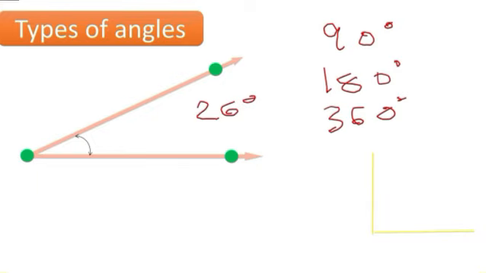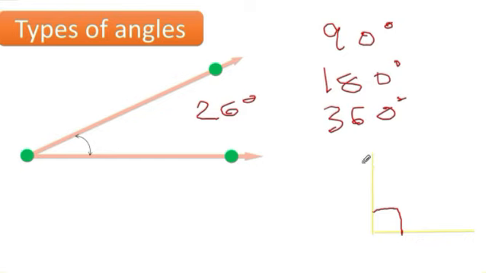Because 90 degrees is so special, we don't give it a little curve unlike other angles. We actually make a little square. We make two sides of the square, and the other two sides are over here. We make this to represent a 90 degree angle.